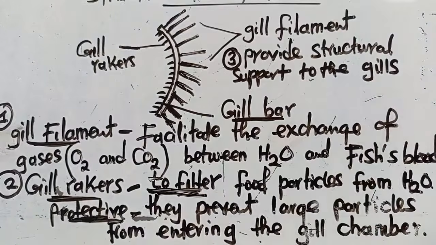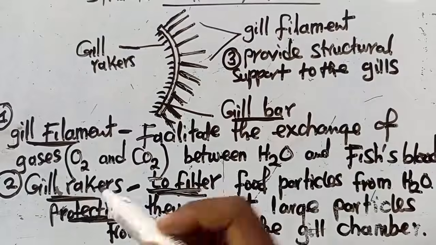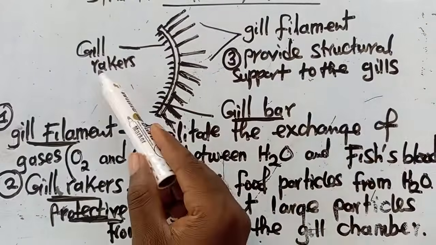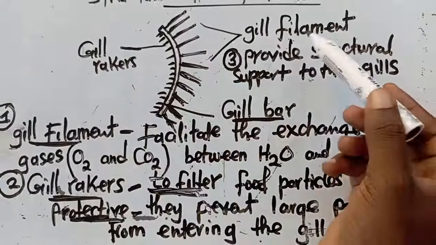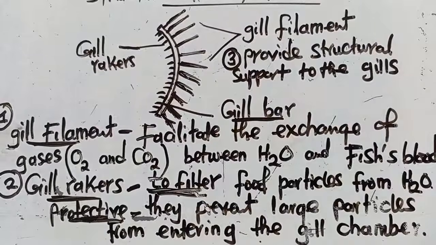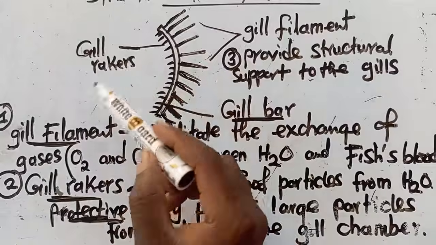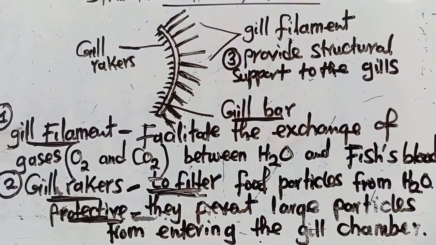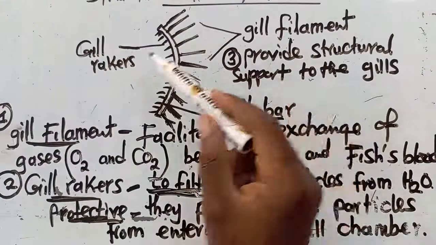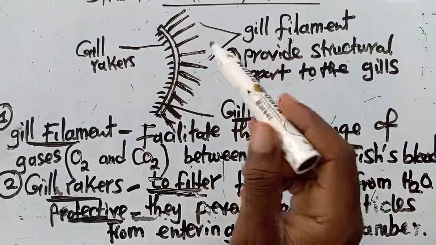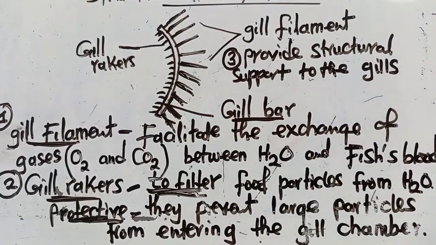Apart from the gills, it also gives support to the gill rakers and the gill filament, and makes sure that these ones, especially the gill rakers and the gill filaments, are in their position.